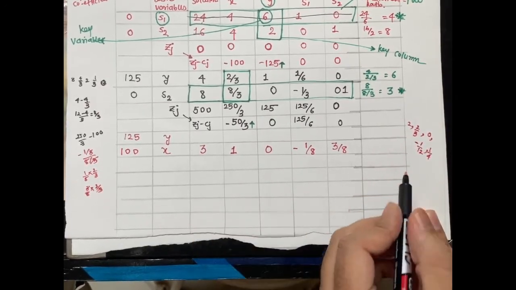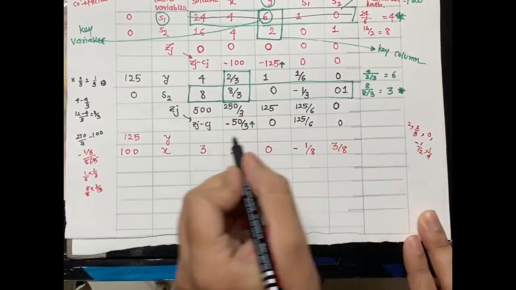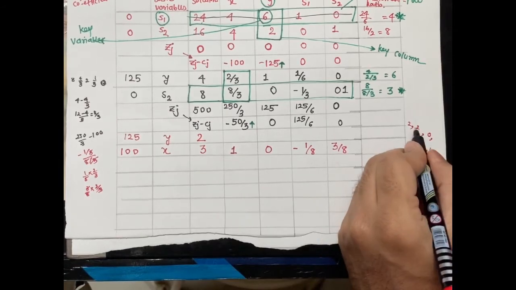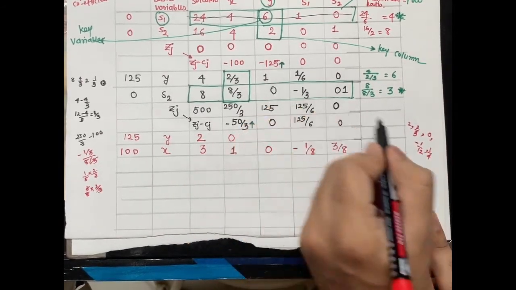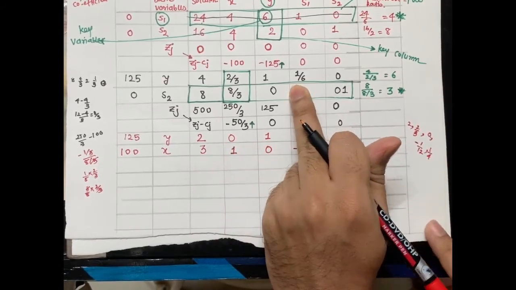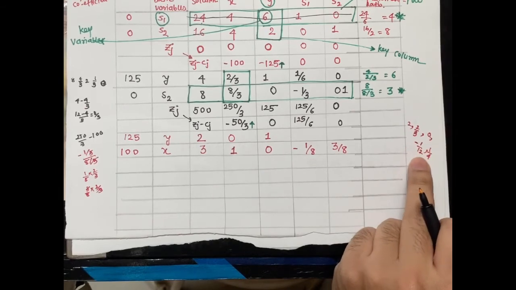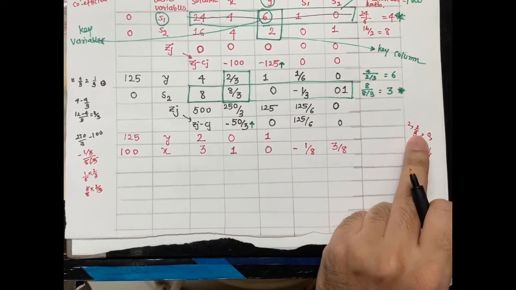Now what I have to do is subtract these values from this row. So 4 minus 2, that is 2. 2 by 3 minus 2 by 3, that is 0. 1 minus 0, that is 1. 1 by 6 minus 1 by 12, minus a minus so it will become plus.